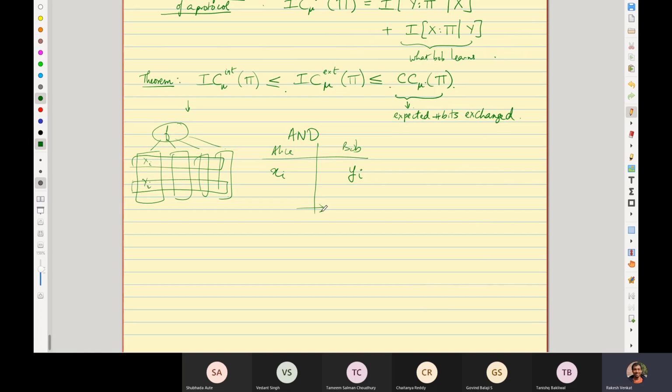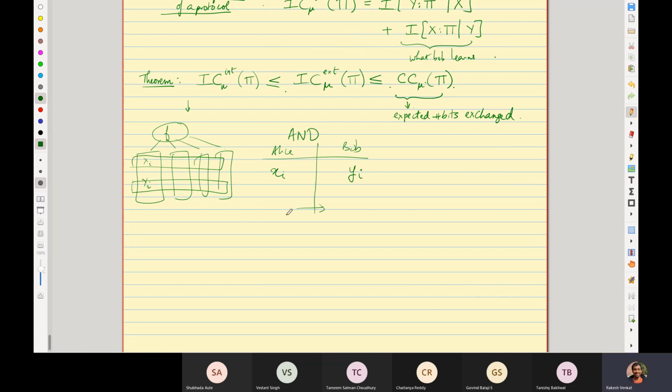But one needs to assess what is the information cost of this protocol. It's like Alice needs to send to Bob, then Bob knows the answer, and sends it back. So it looks like two. But you can have more information efficient protocols that actually are very long in the worst case.